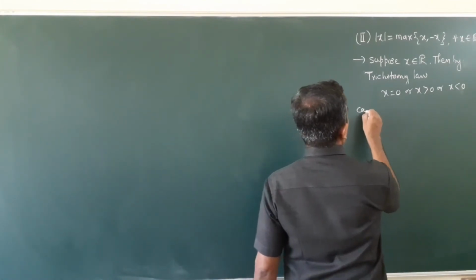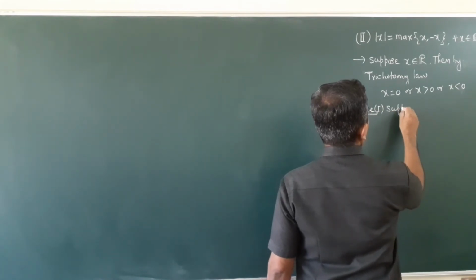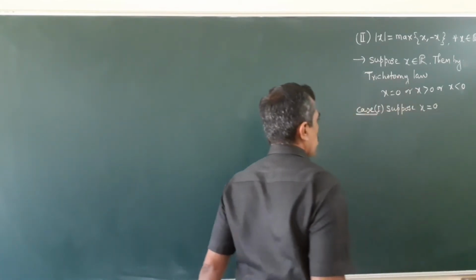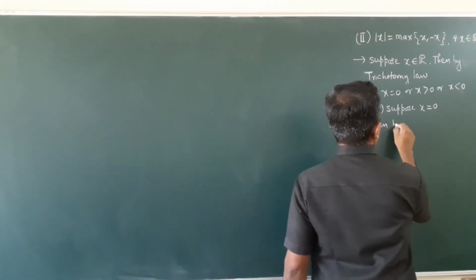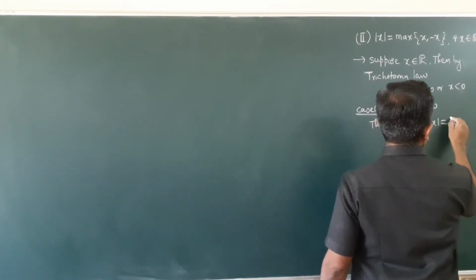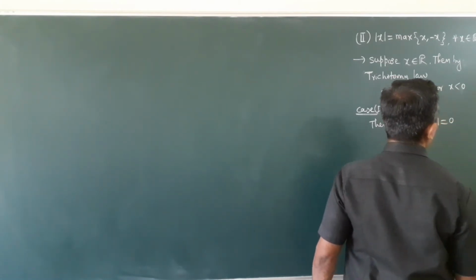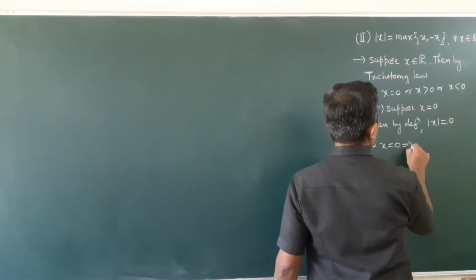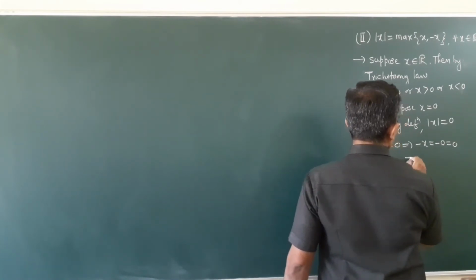Now suppose case 1: x equal to 0. Then by definition, mod of x is x itself, so mod of 0 is 0. Also, x equal to 0 implies minus of x is minus 0, which is nothing but 0.